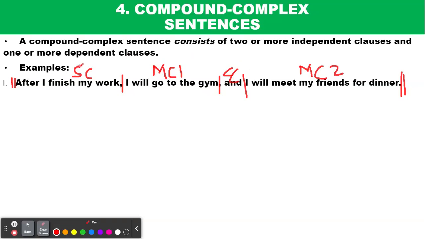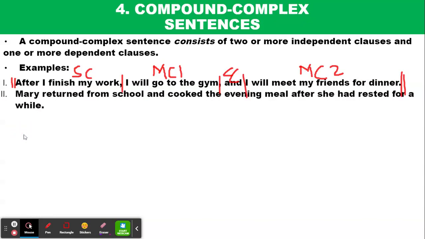And then once we add a subordinate clause to a compound sentence, we have compound complex sentences. So this is why it is called compound complex sentences, because you have one compound sentence and then you add a feature of the complex sentence, which is at least one subordinate clause, and then you have the compound complex sentence.